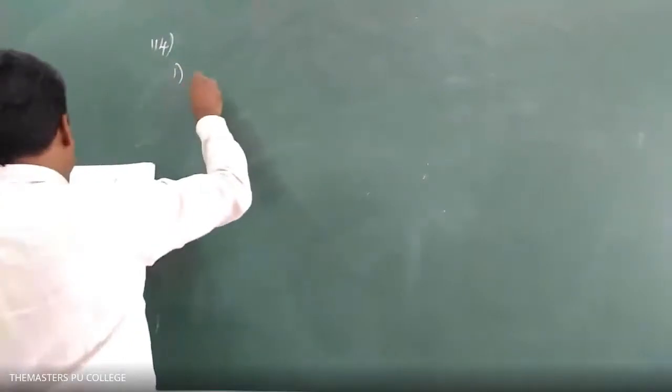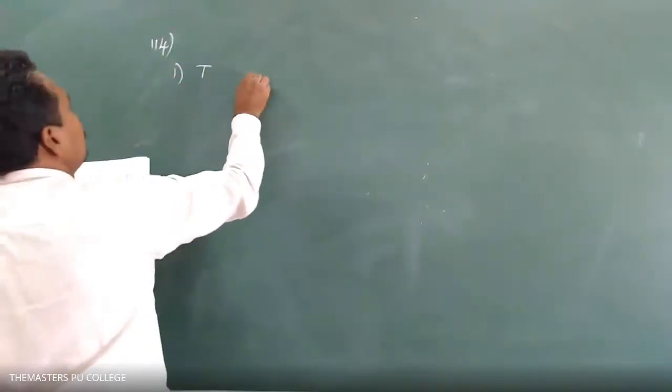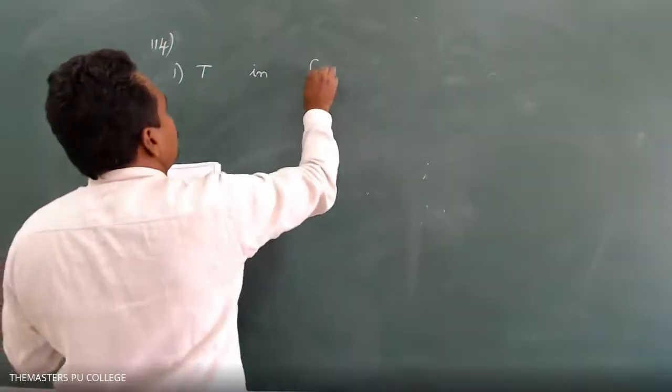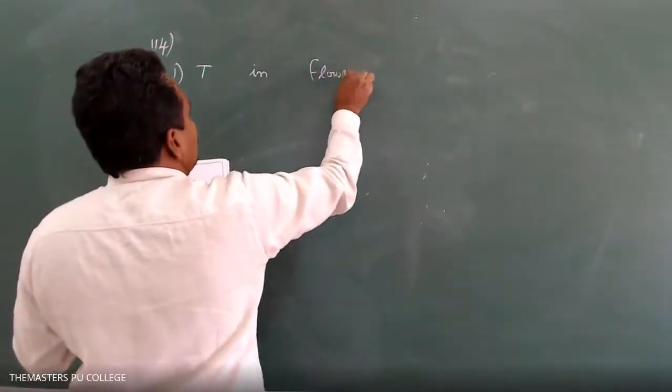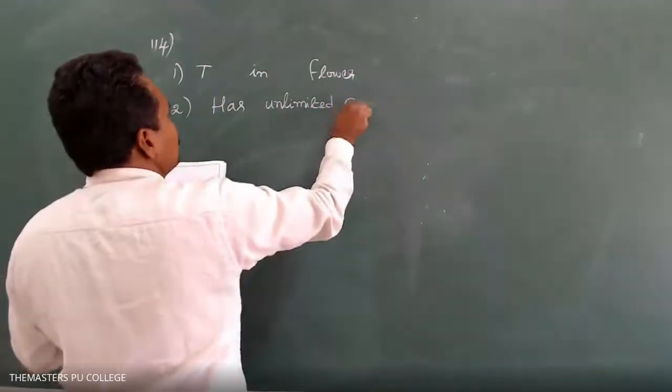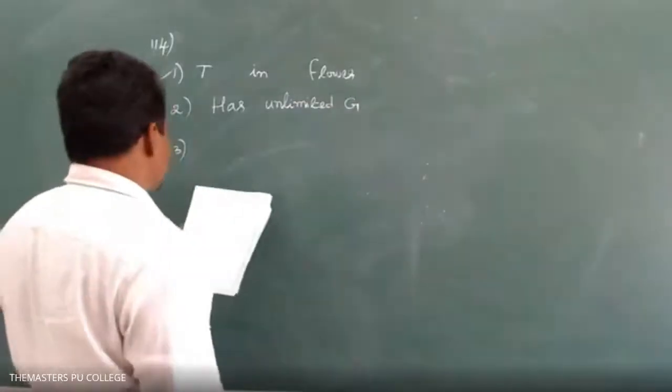Option 1 terminates in a flower. Option 2 has unlimited growth. Very good. Option 1, terminates in a flower, right?